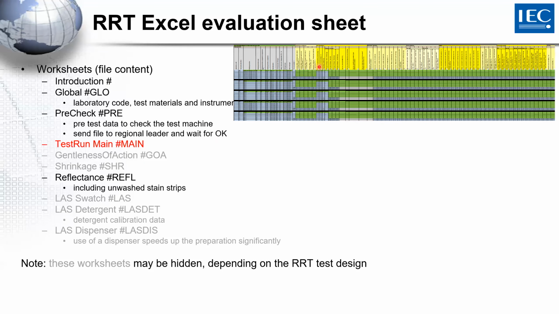And then comes the main part, the worksheet. Here you have to fill in all the measured values, except for some parameters where we have single worksheets, because the database of these other measurements is so big that it doesn't fit in this table.